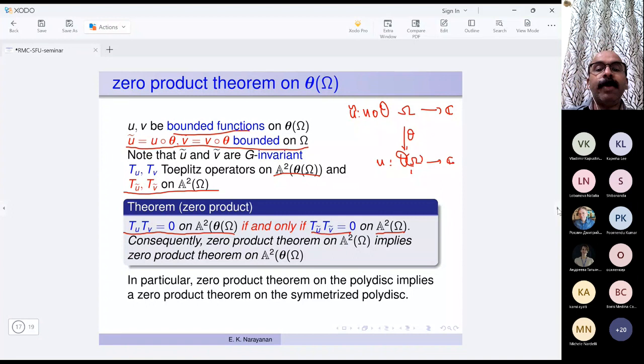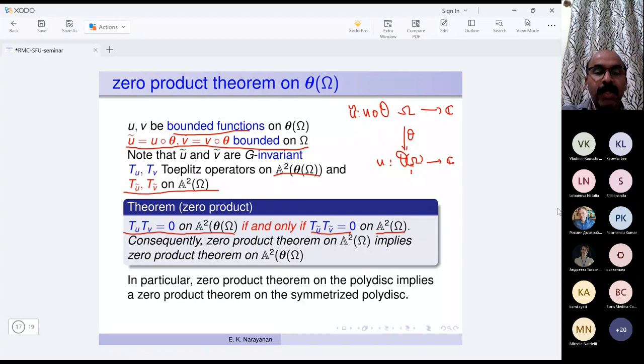So in particular, the zero product theorem on the polydisk. Remember the results by Cho, Koo, and Lee on the polydisk or the unit ball and so on. You can look at the symmetrized polydisk or Rudin's domain because they are all quotient domains, and in the original domains there are zero product theorems by these people, and they all descend to zero product theorems on the Bergman space over the quotient domain.